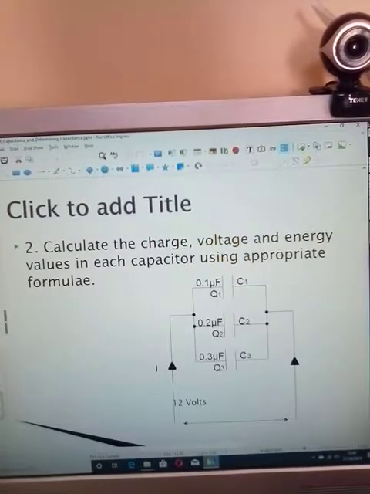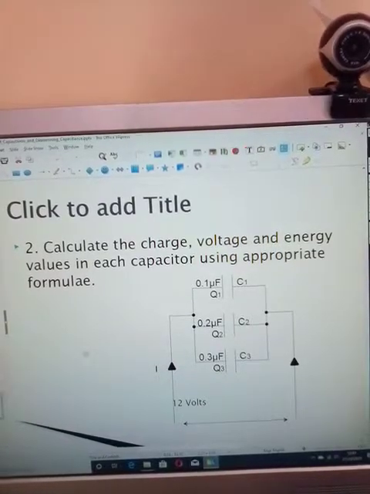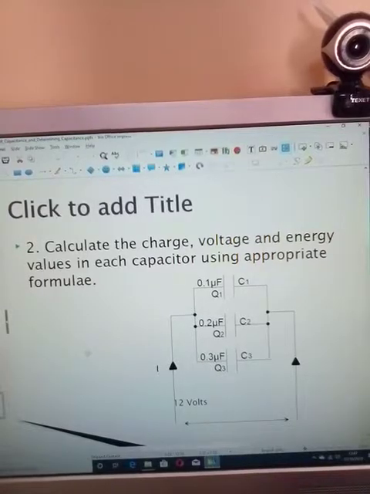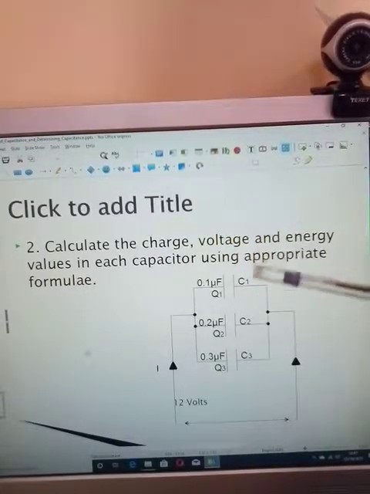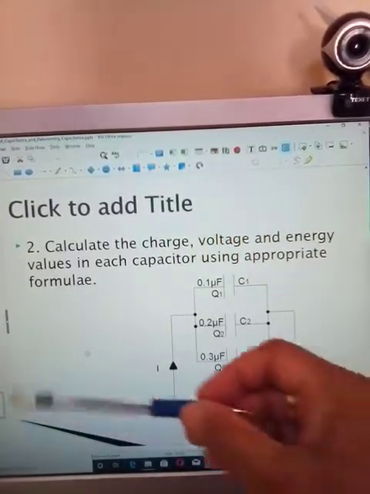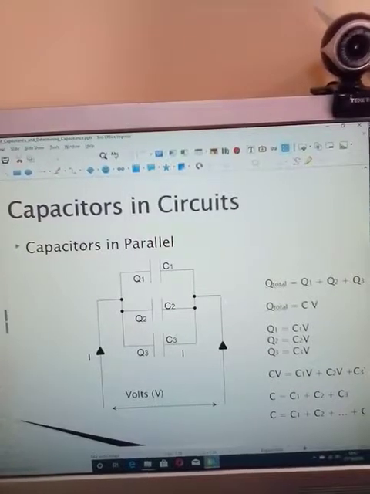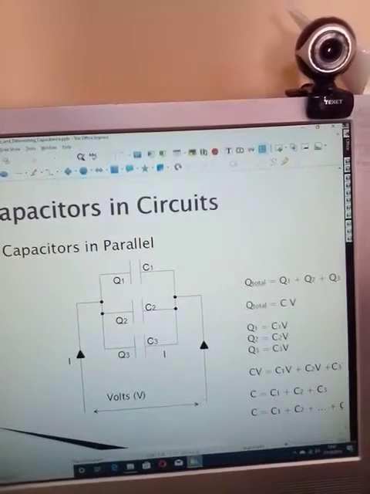And again, calculate the charge, voltage and energy values in each capacitor using appropriate formulae. And the formulae for capacitors in parallel you have been given previously, okay, and that was given here, so use it.